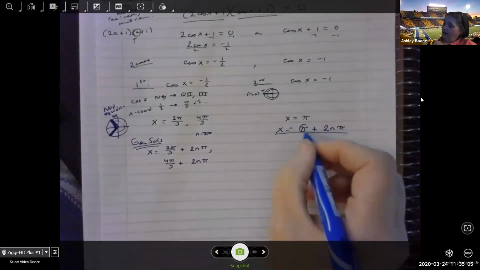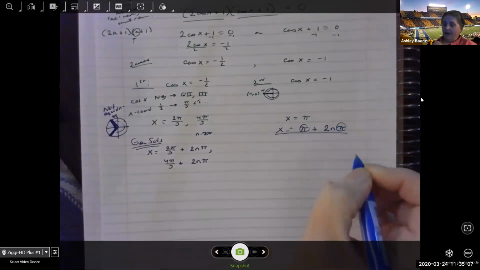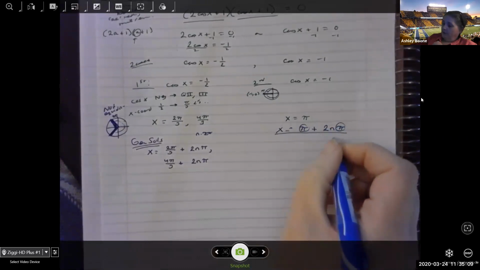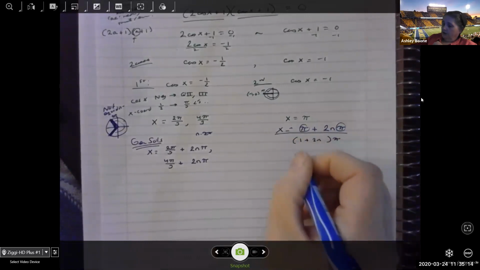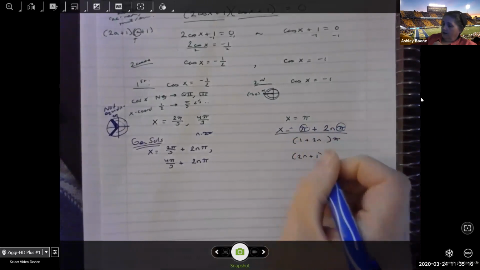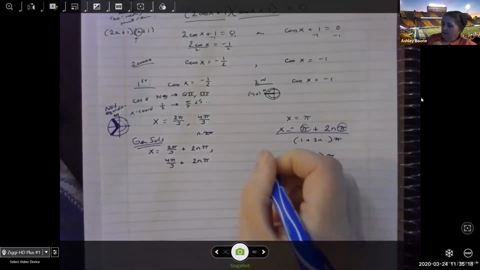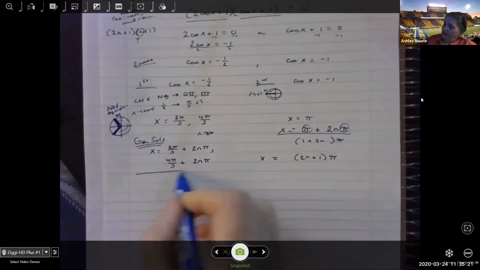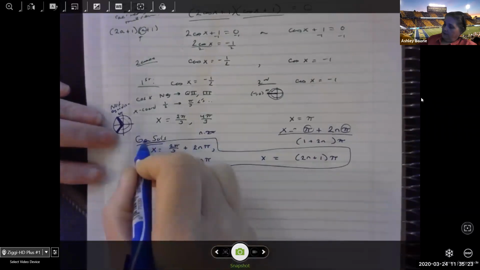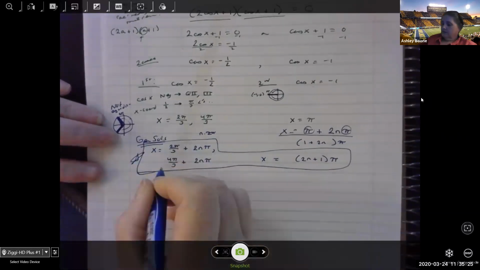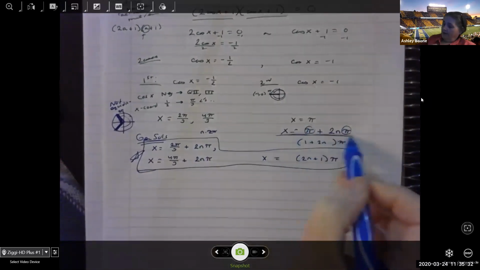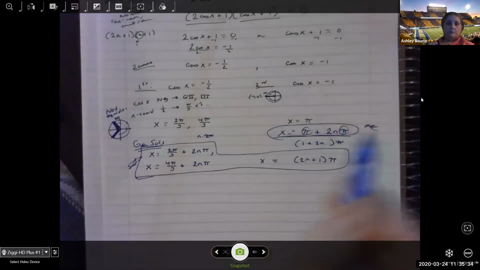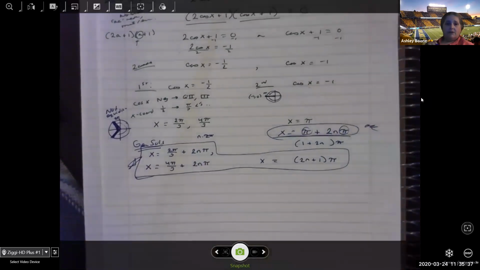But notice you do have a common factor of pi. You could factor a pi out and write it as 1 plus 2n or 2n plus 1 times pi. So you have three forms of the solutions for this problem. And those are our general solutions. Now, again, if you wrote it like this, that's okay. That's true. I just simplified it down to the other version.